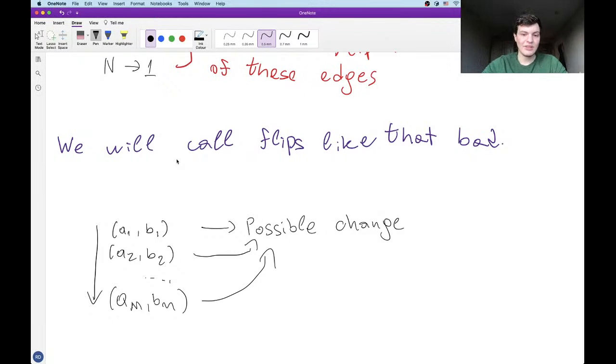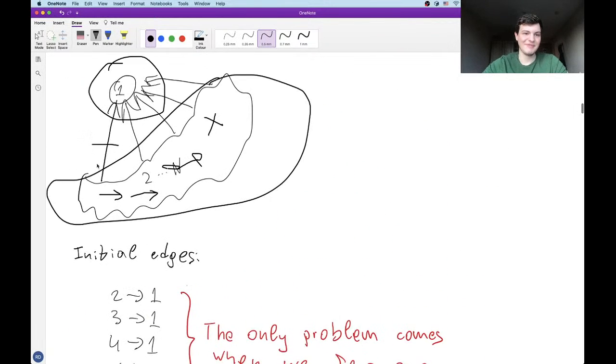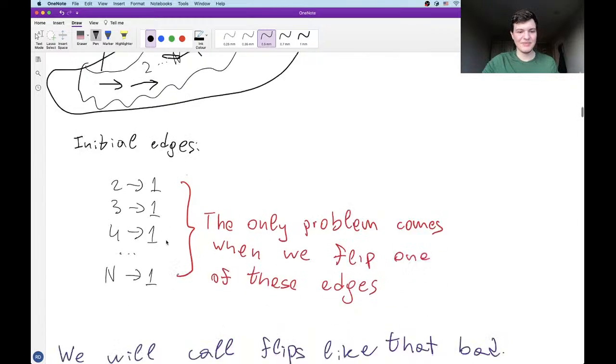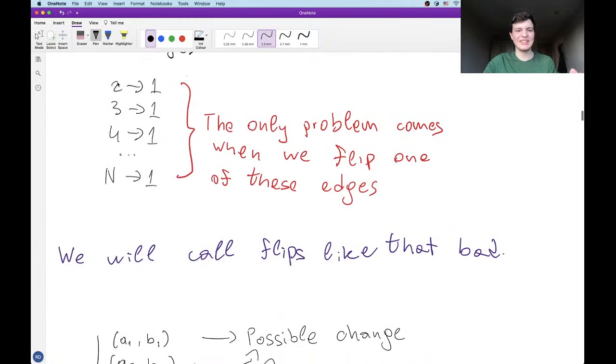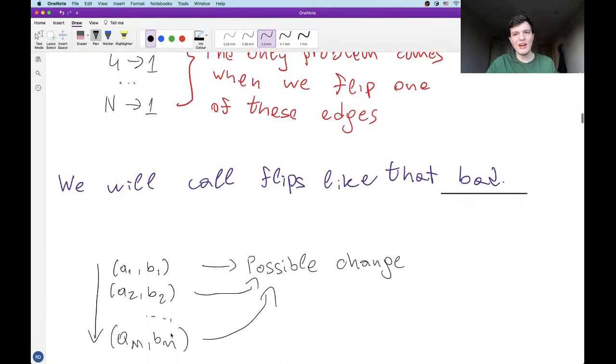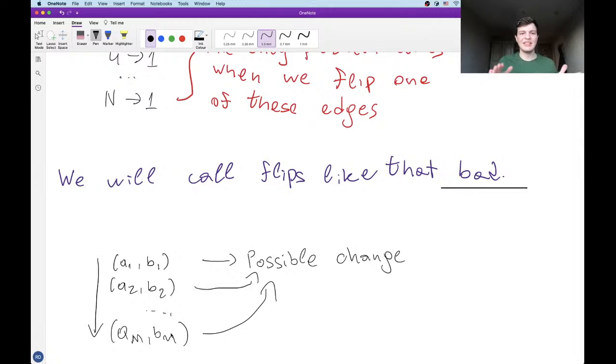So let's call the flips that are like that bad. All of these flips, or edges, that are from 2 to 1, from 3 to 1, or anything to 1, will be considered bad. If the edge isn't bad, we won't have a change.